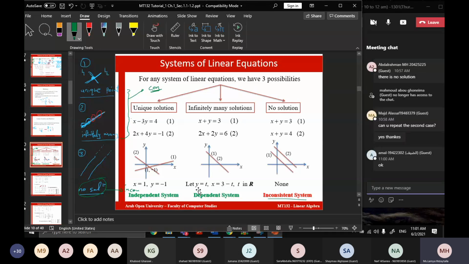Okay, but for now you have to know: if we have a unique solution, then we say that the system is independent, and you will get exactly one solution, an exact value. If you have infinitely many solutions, then I get infinitely many points. So in this case, we say that the system is dependent.